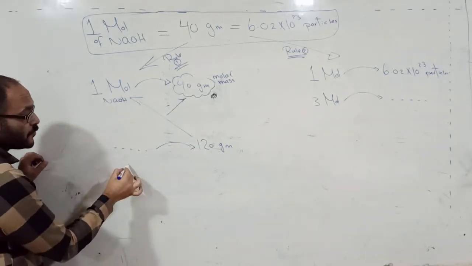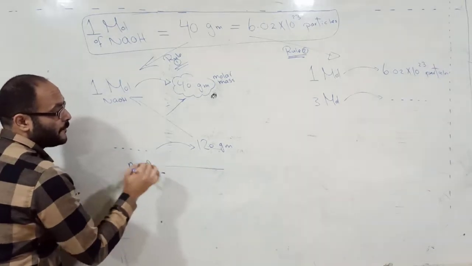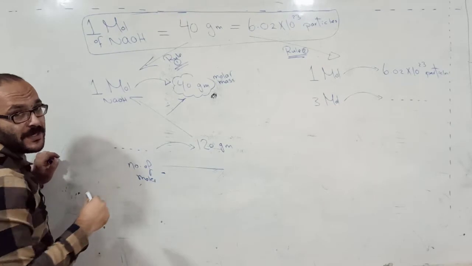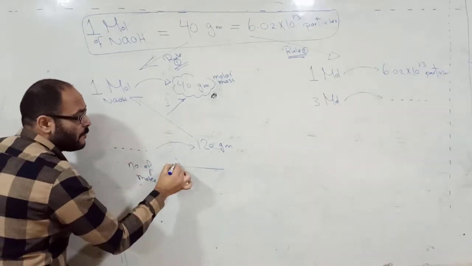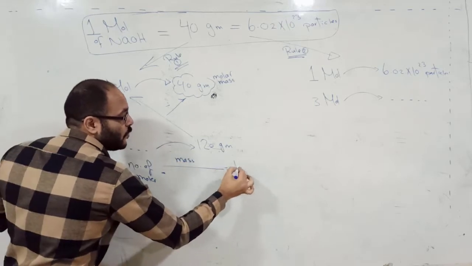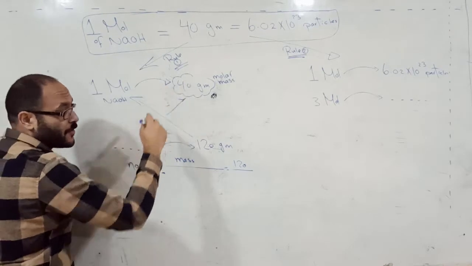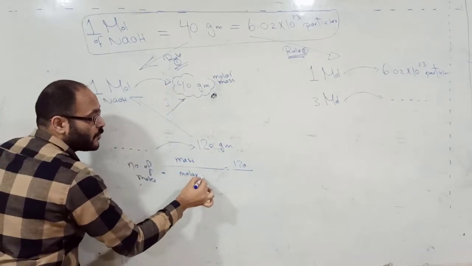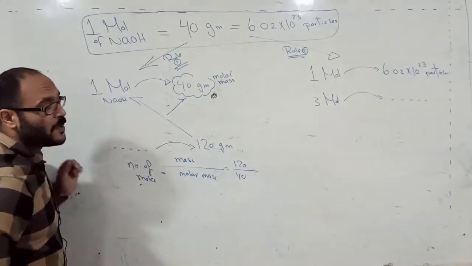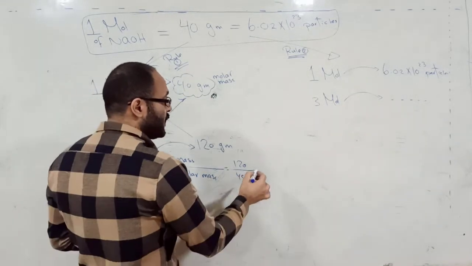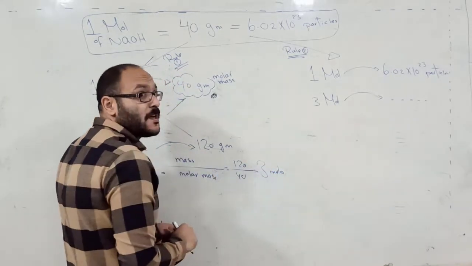So to get the number of moles, 120 gram is a mass. It's any mass, a given mass, total mass, divided by the molar mass, 40 gram. So 120 divided by 40 gram, the result will be 3 mole. And this is the first rule.